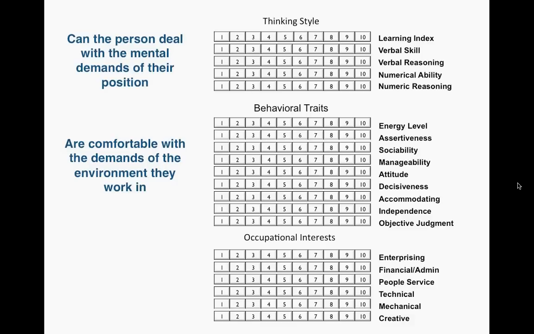Are they comfortable with the demands of the environment they work in? Having determined that someone has a learning index appropriate to the position, the next thing you would like to do is identify the potential in terms of how they will work and how they will execute their job.